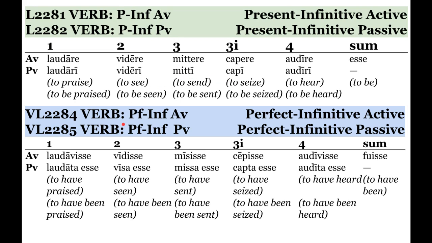Now, the perfect infinitive, in the next verb chart, uses the perfect stem. You take the perfect stem plus isse, which means to have heard or to have praised or to have been, etc. Now, to create the passive, we'll be covering these more in depth in usage, you would use the participle, which we've already learned in chapter 21, plus esse.